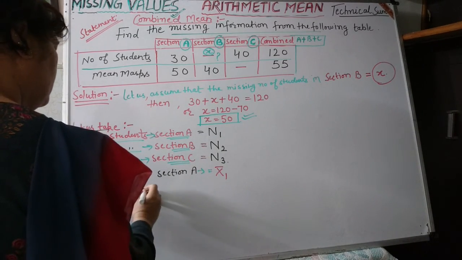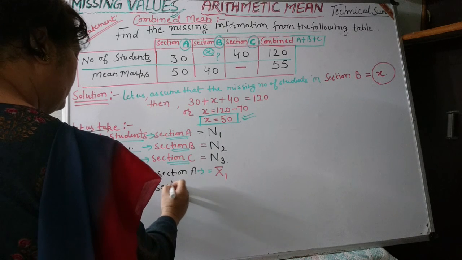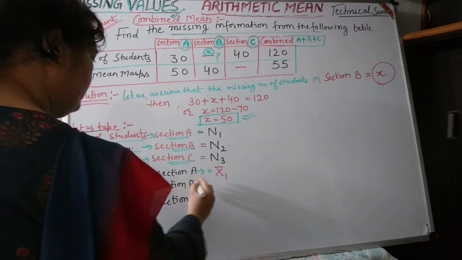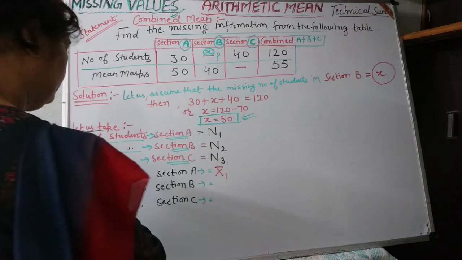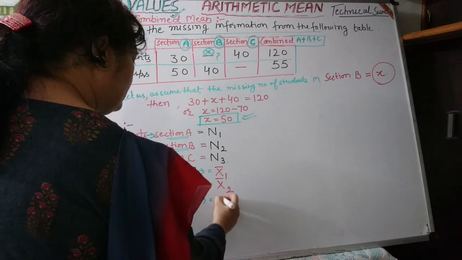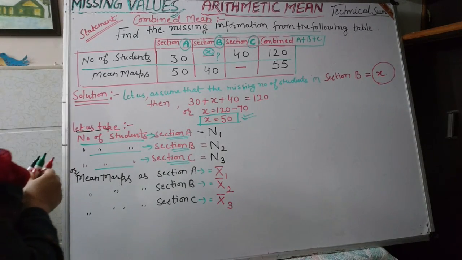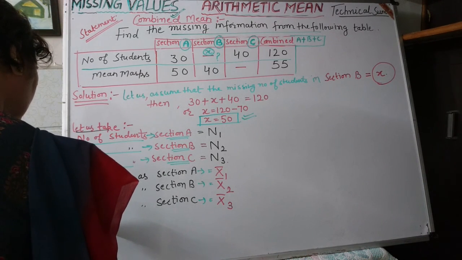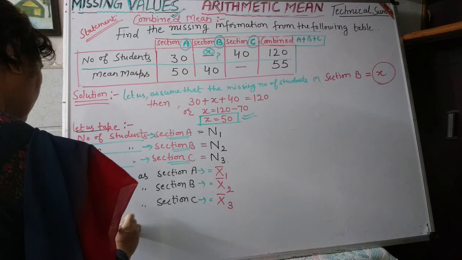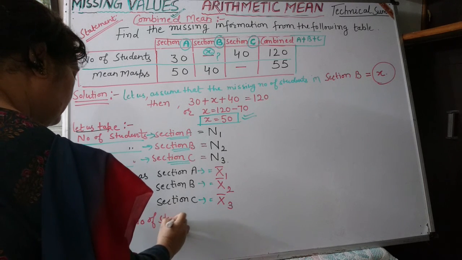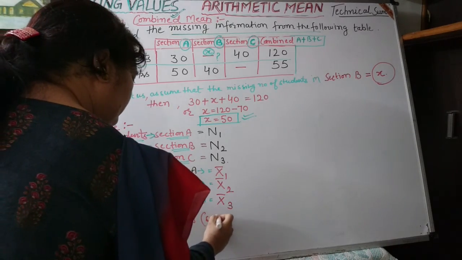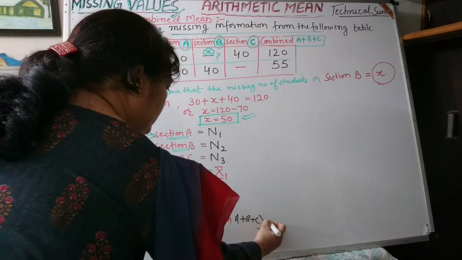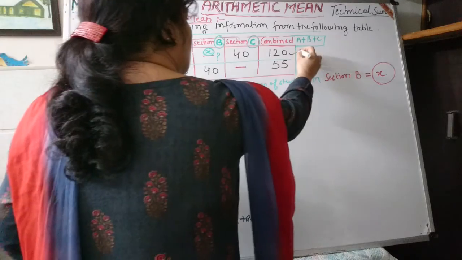Then the mean marks of section B we will write as x bar 2, and x bar 3 for section C. And one more piece of information is given: the combined number of students from section A plus B plus C is also given, which is 120.